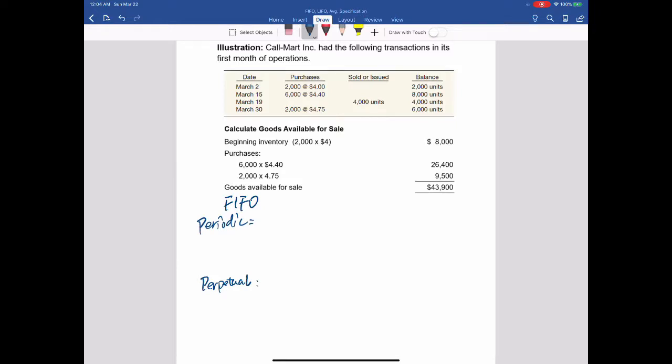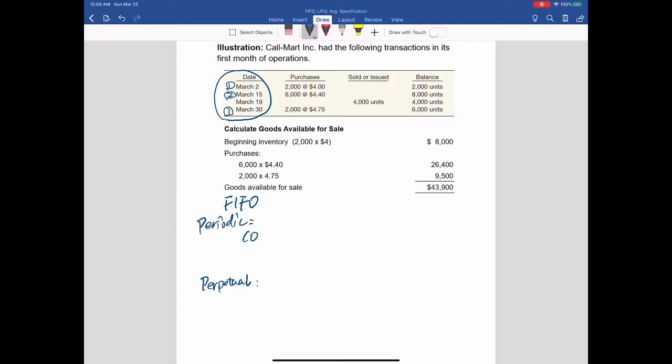Periodic system, based on the order of purchase, this is the first one, second, third. In the periodic system, we know the inventory is only updated at the end of the accounting cycle. When we consider which inventory are sold first or last, we consider all the inventory during this period.